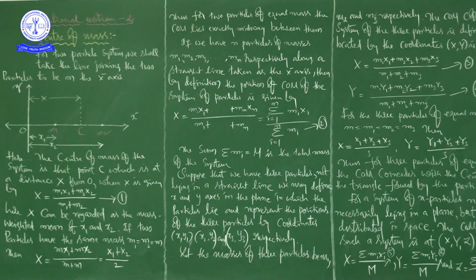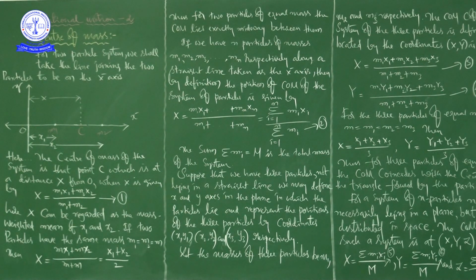Otherwise, if you just think of the masses as equal, the same thing will become like this: x is equal to x1 plus x2 plus x3 by 3, and y is equal to y1 plus y2 plus y3 by 3. Okay, right.